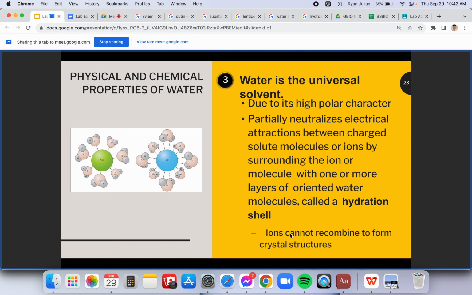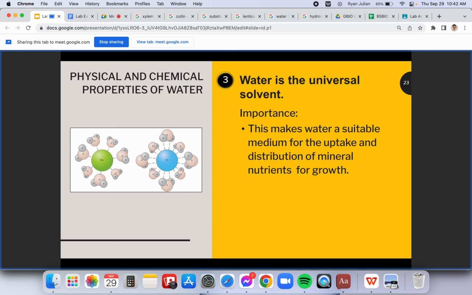So how are crystal structures formed? They are formed once the ions accumulate or become a cluster of ions to the point that their accumulation leads to the formation of crystal structures, which are very bulky in appearance. Okay. This makes water a suitable medium for the uptake and distribution of mineral nutrients for growth.